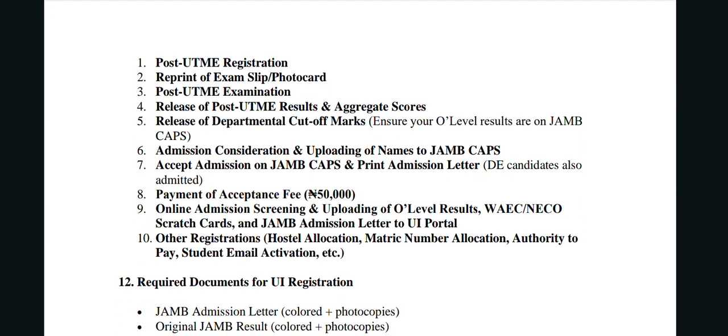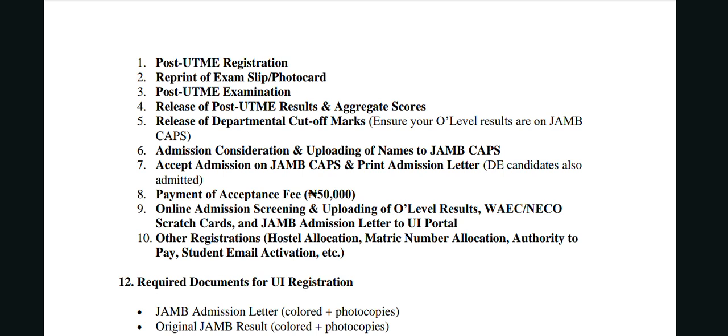Post-UTME registration, the print of exam slip, the actual exam, release of results, release of the departmental cutoff marks, and at this point your O-level result must be on JAMB CAPS, even though you have used awaiting results since the beginning of the process.